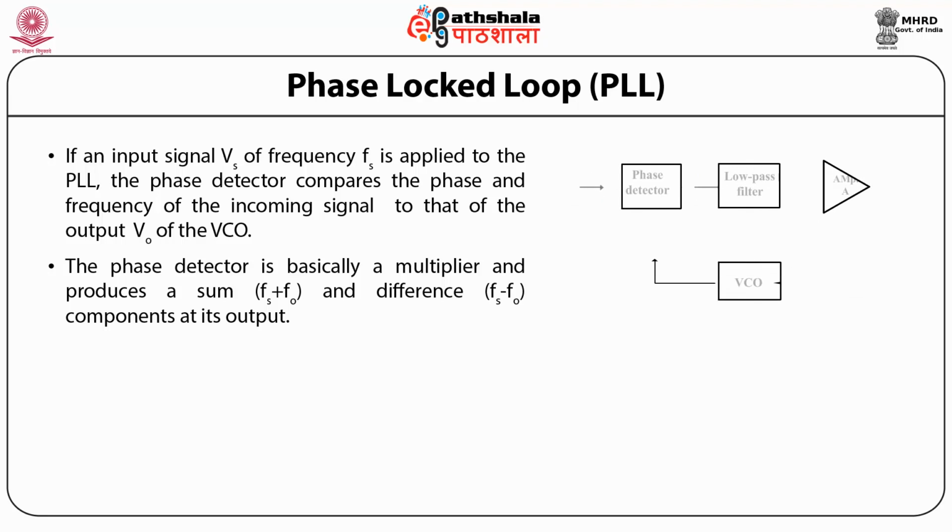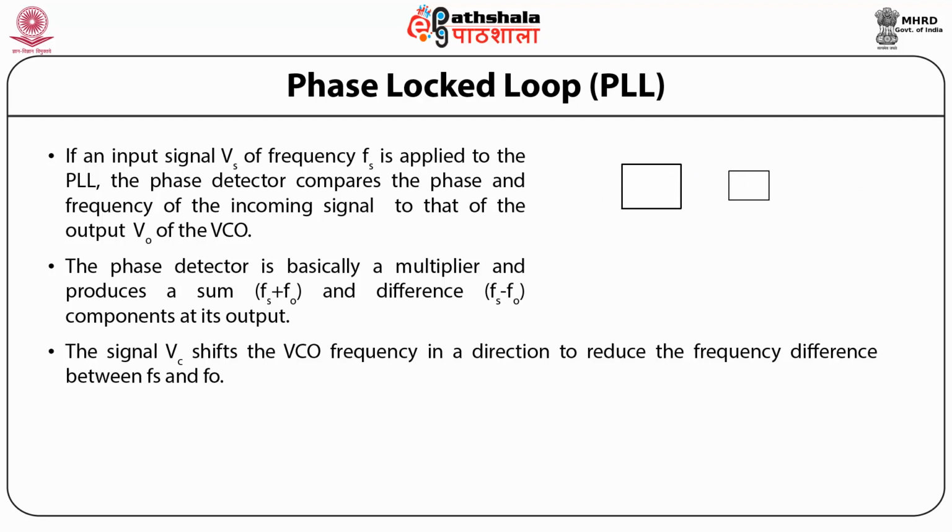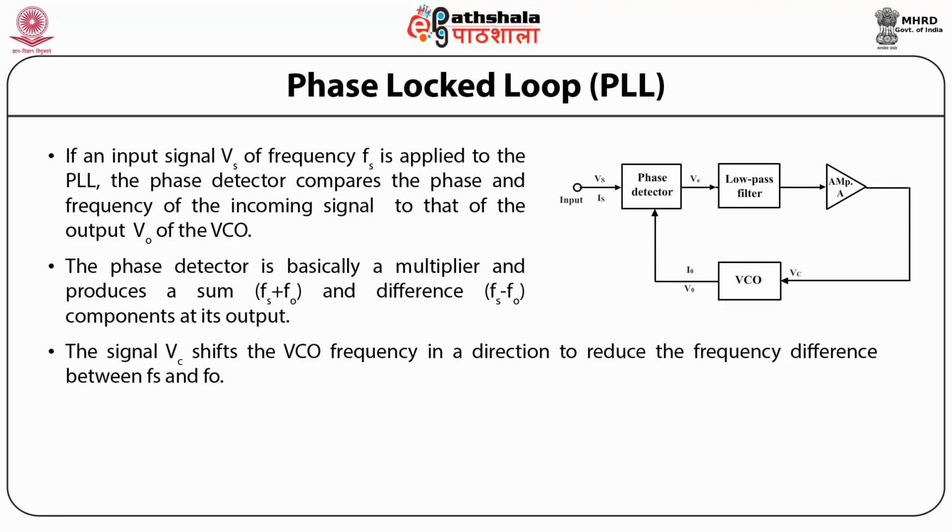The high frequency component Fs plus F0 is removed by the low pass filter, and the difference frequency component is amplified and then applied as control voltage, that is Vc, to the VCO. The signal Vc shifts the VCO frequency in a direction to reduce the frequency difference between Fs and F0.